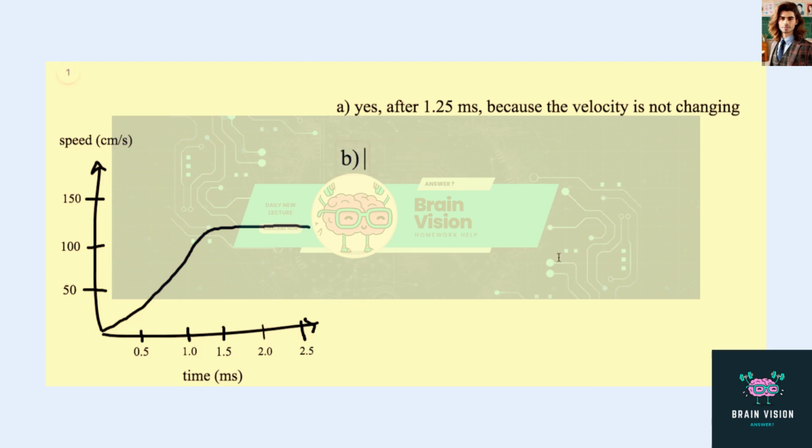So let's see, for the diagonal part of this, we know that the area of a triangle is base times height times half. The height of this is about 130 centimeters per second, which converted to meters is 1.3 meters.